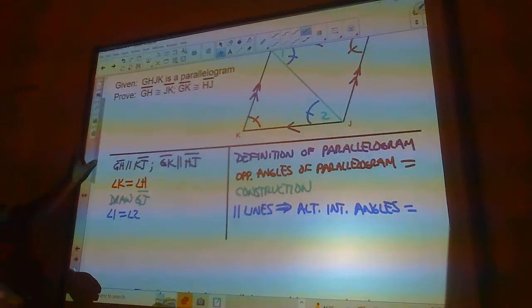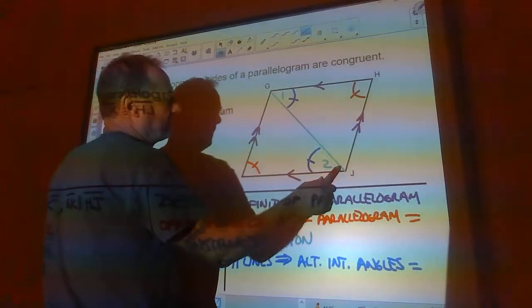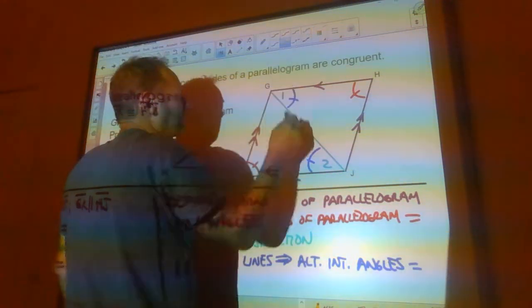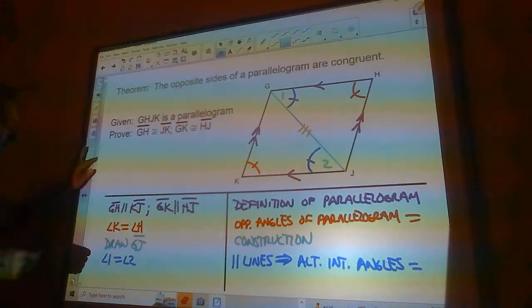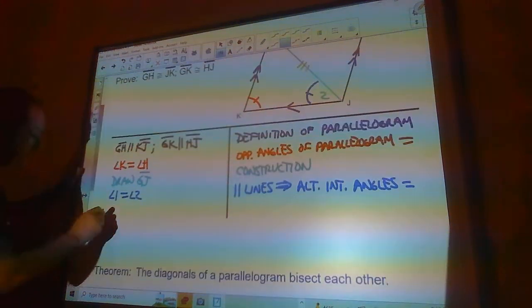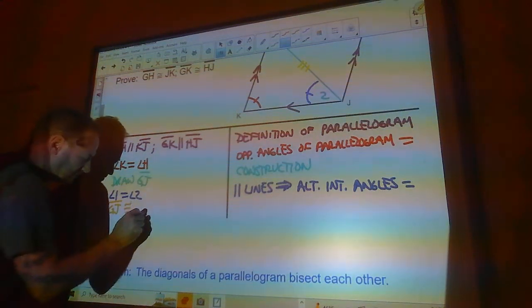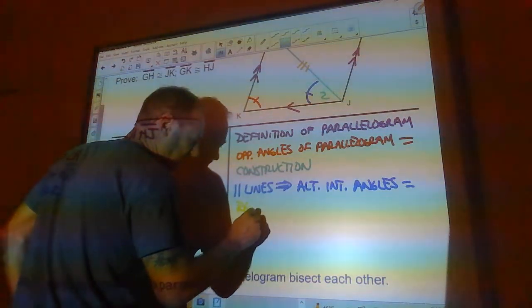Okay. Now, you see how this side right here is part of both these triangles. So I can put this on here and say segment GJ is congruent to segment GJ by the reflexive property.